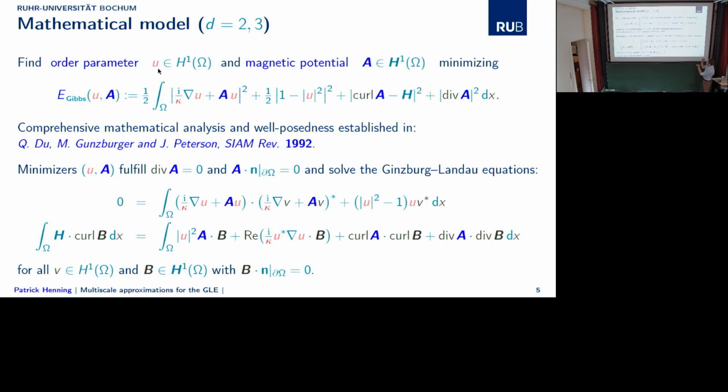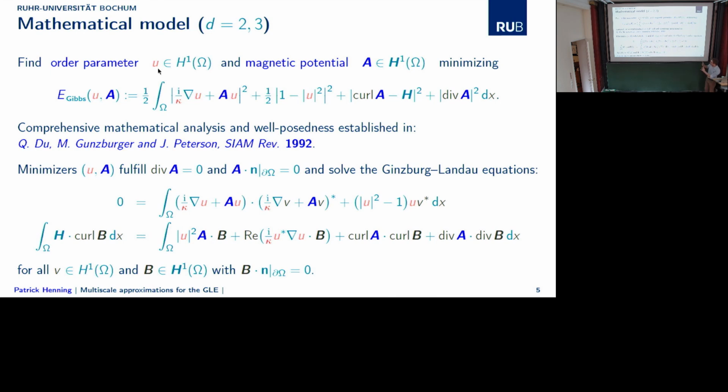And if you compute the derivative of your energy, then the corresponding conditions are these two. This is the gradient of the energy in the minimizer is 0, and these two equations here are called the Ginzburg Landau equations. I'll get back to this in a second.